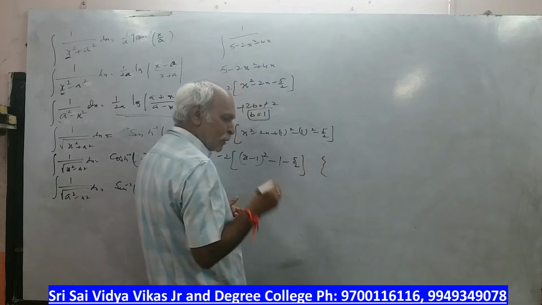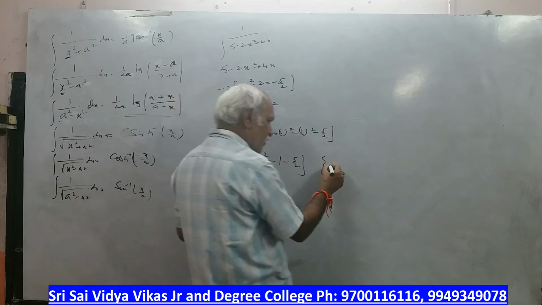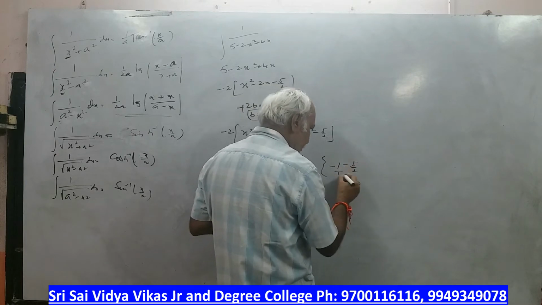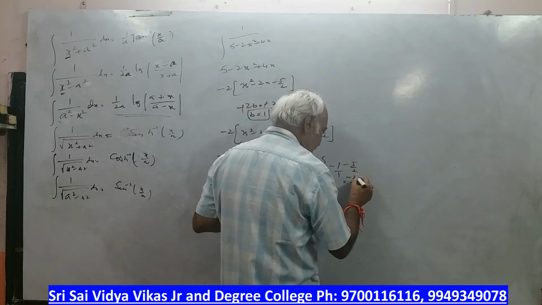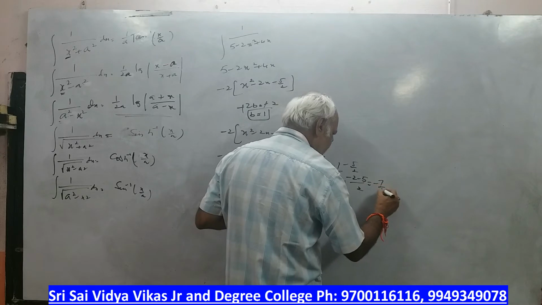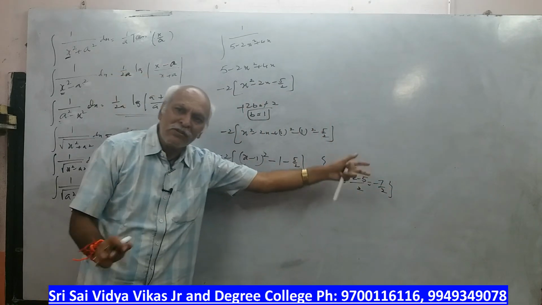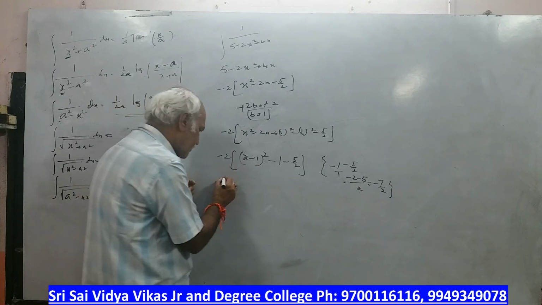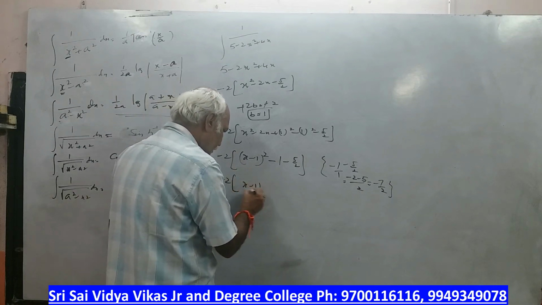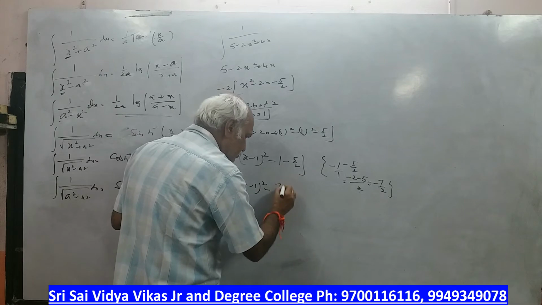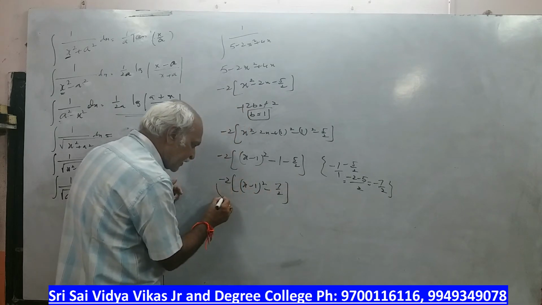Again I am putting a flower bracket. Remember this method, sir. Both the values you write in the flower bracket. By 1, LCM is 2, minus 2 minus 5. So what do we get? Minus 7 by 2. So we got, what is the sign? Whatever sign you get, you write as this. What I mean by this? Minus 7 by 2. Only bring the minus sign inside, sir.